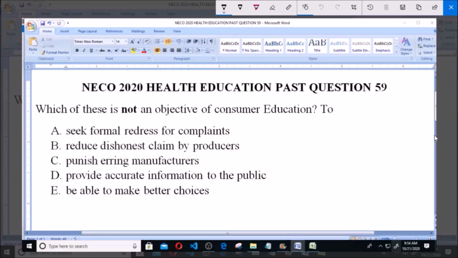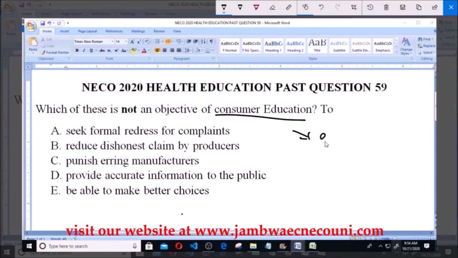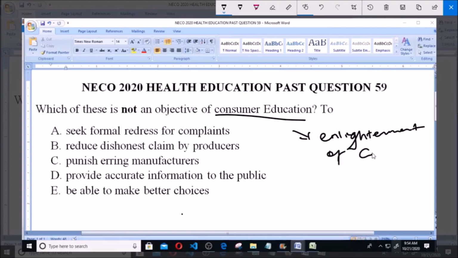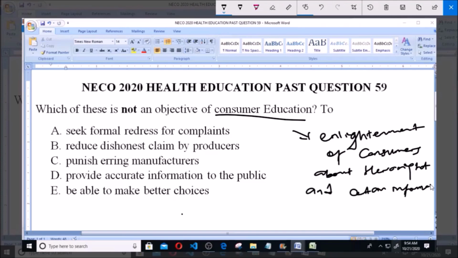Now, consumer education can simply be defined as the enlightenment of consumers about their rights and certain information about goods and services they consume.